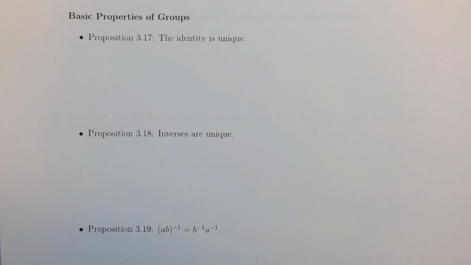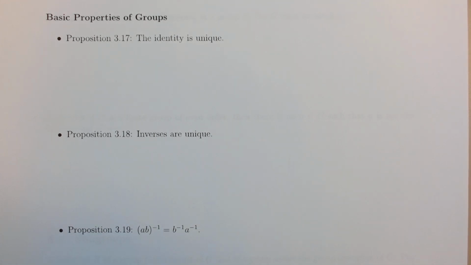You could define a group where you say at the outset that the identity is unique or inverses are unique. But if they can be proven from other properties, then it's not necessary to include them in your definition. All these things that we're going to show are things that we certainly want to have in a group, but aren't necessary to include as part of its definition.